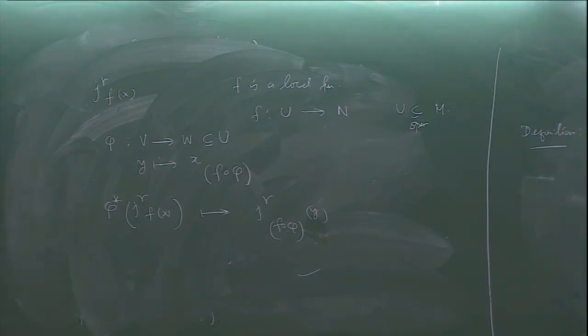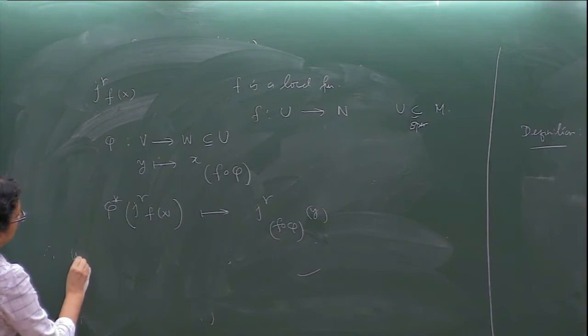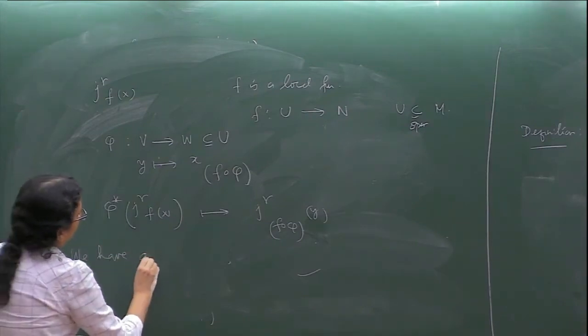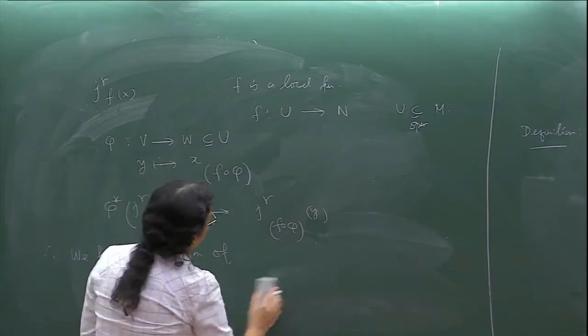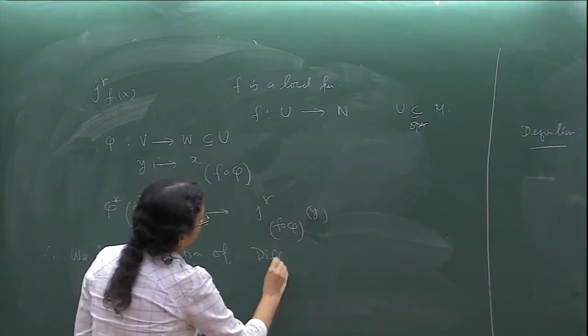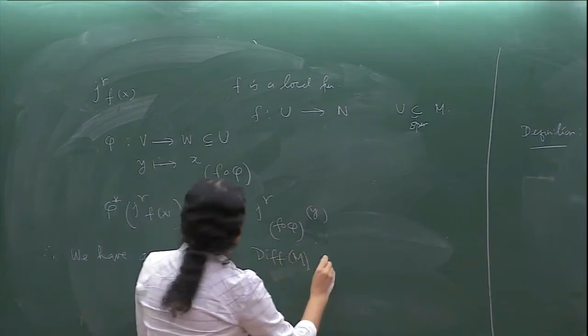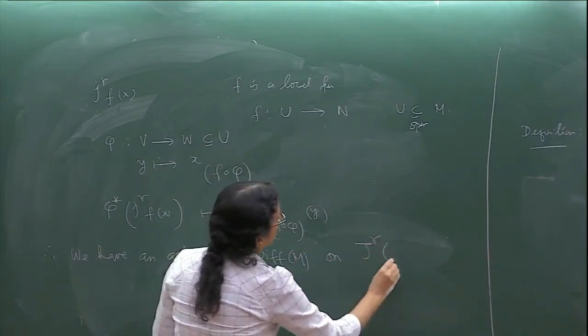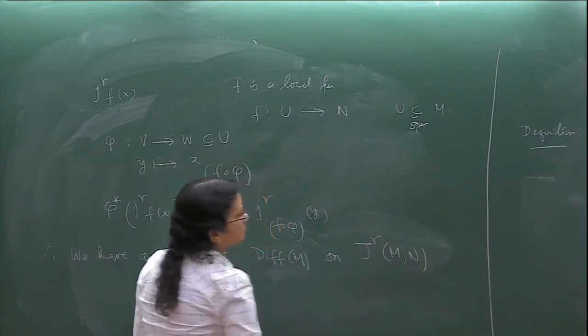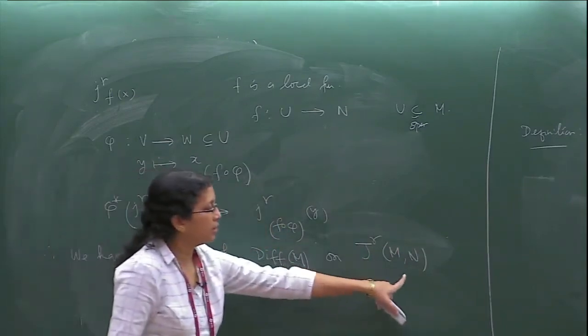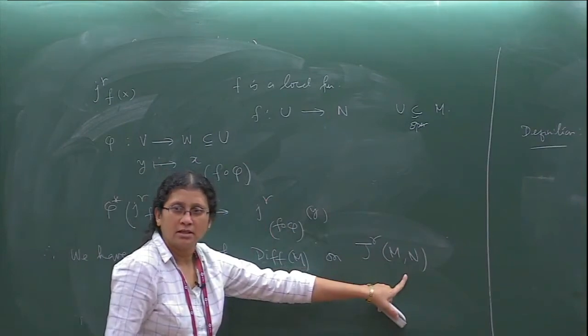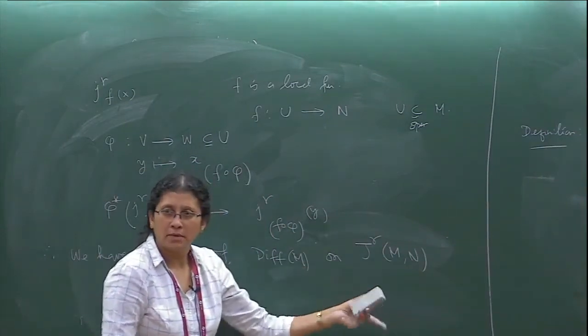So when I say R is diff invariant, we have an action of Diff M on the jet space. We still call it an action, though Diff M is not a group. You take any phi, you take a local representative of a jet, recompose them and take the jet.